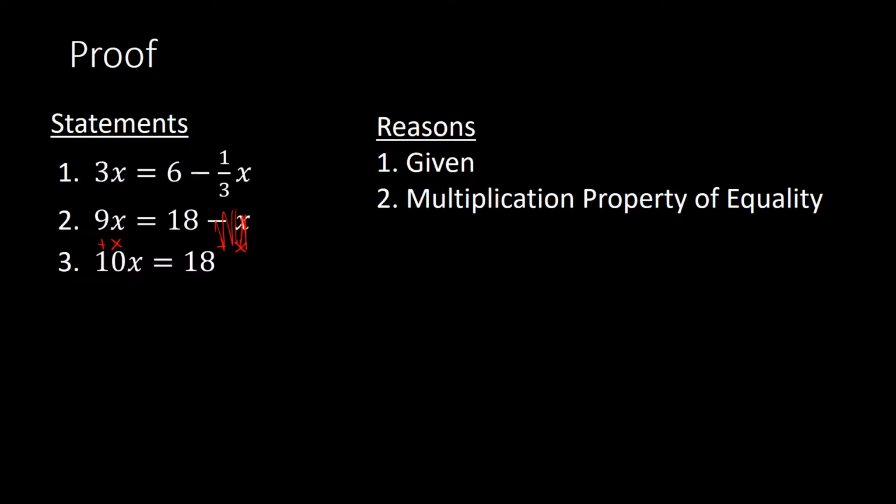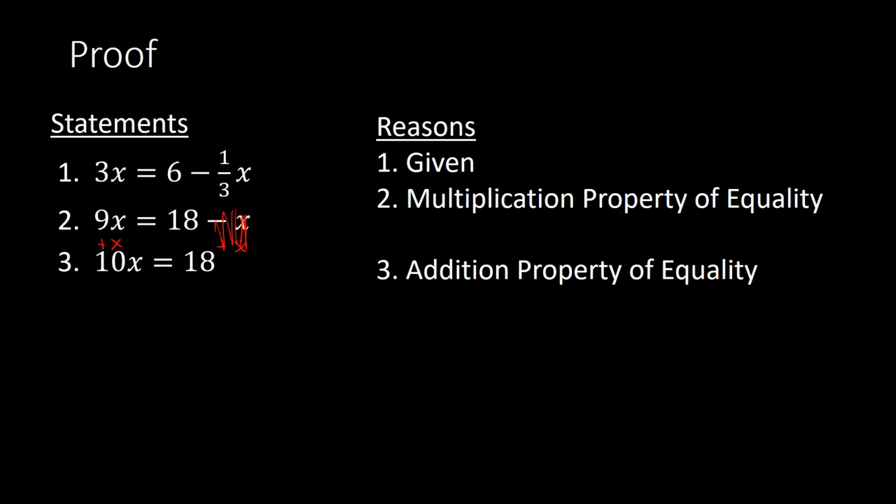But for every step, we need a reason. So what is the reason that I can add the same thing to both sides? Well, the property that says that I can do that is called the addition property. The addition property says I can add the same thing to both sides of an equation. So that would be your reason for that third step.